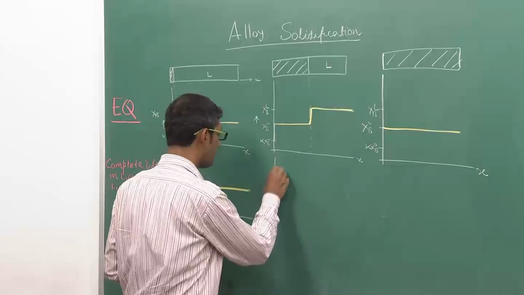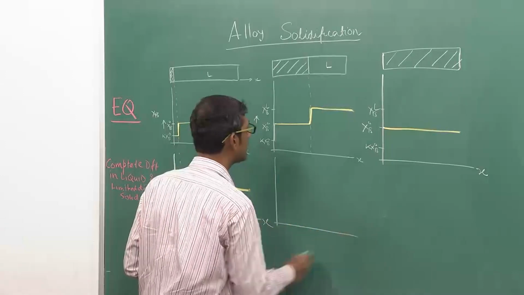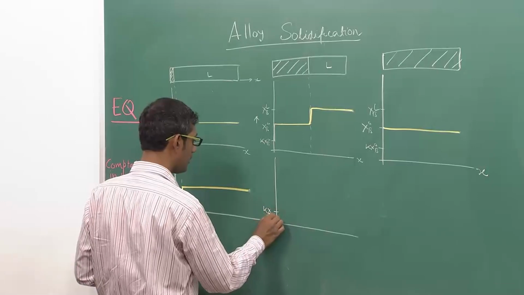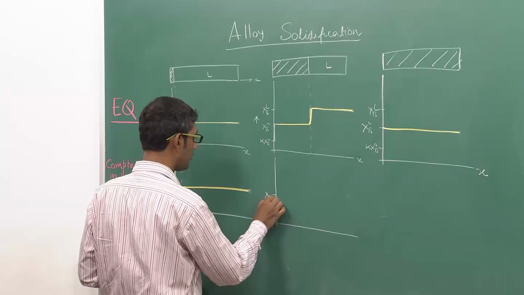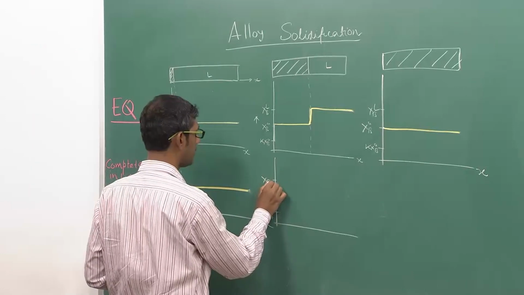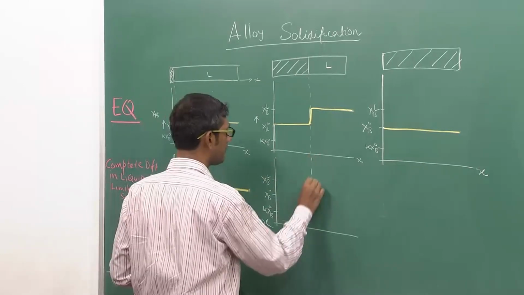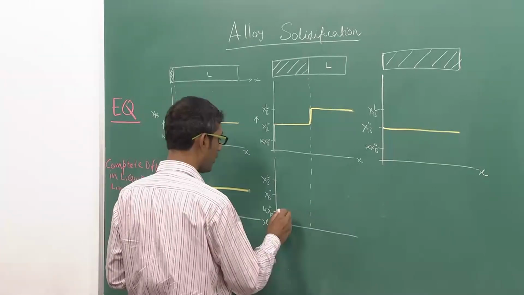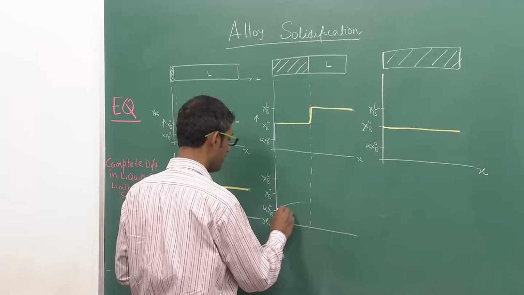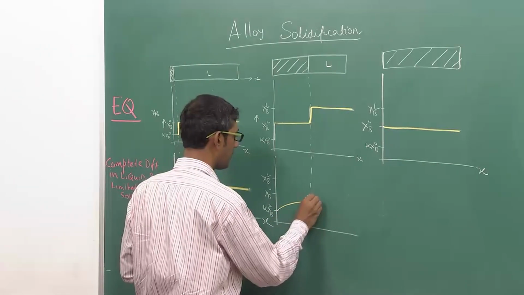So once you do that, for the next thing, that is half solidified, again Kxp0, Xp0 and Xpl, suppose here. So this is my interface. So how will things happen? Things will happen like this. I'm sorry, let us use the chalk. Things will happen like this.